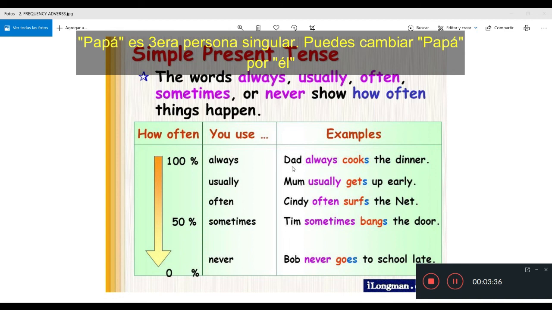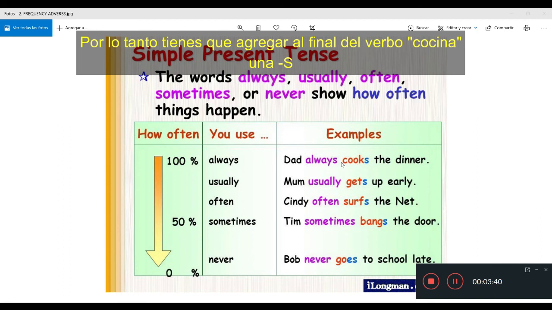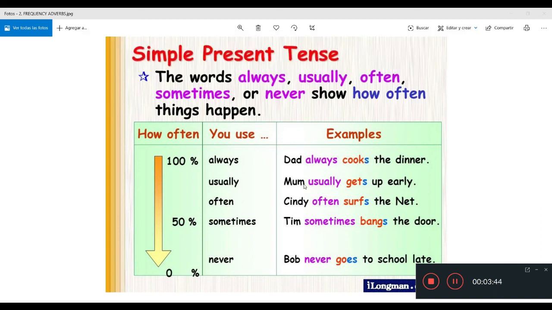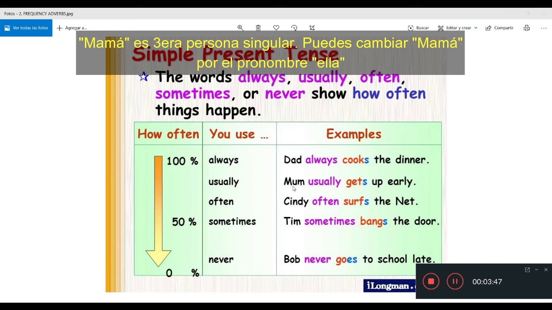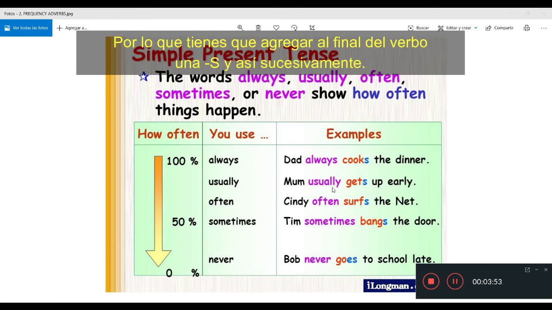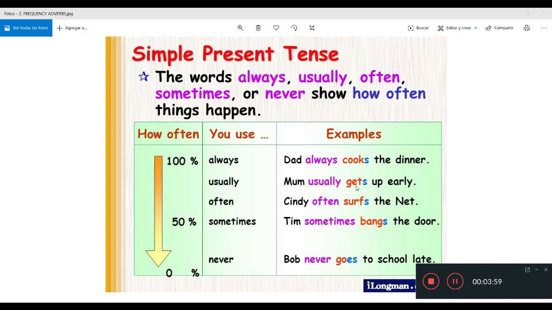You can change that by he. So you have to add at the end of the verb cook an s. Mom is third person singular. You can change mom by the pronoun she. So you have to add at the end of the verb an s, and so on.